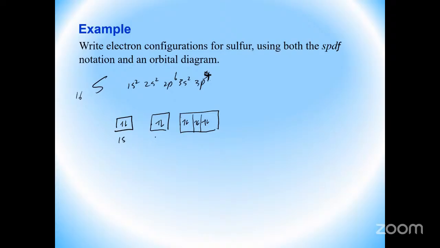Then the 3s has 2 electrons. When you get to the 3p, there are 3 orbitals, so we put one in each, and then we pair up. That's how that is done. Any questions about this?